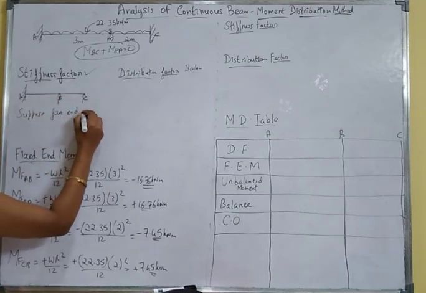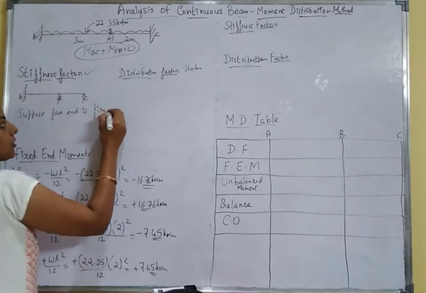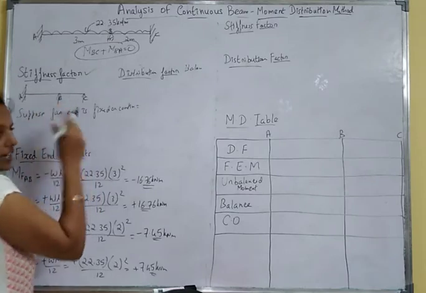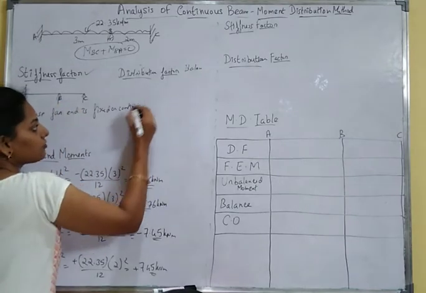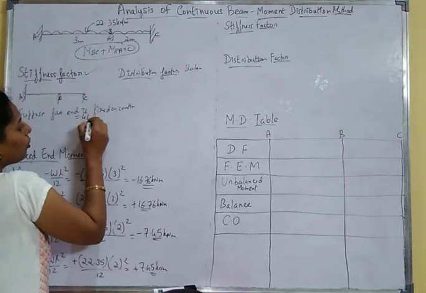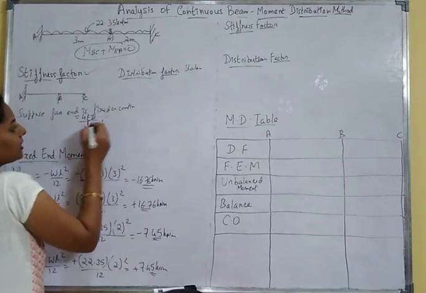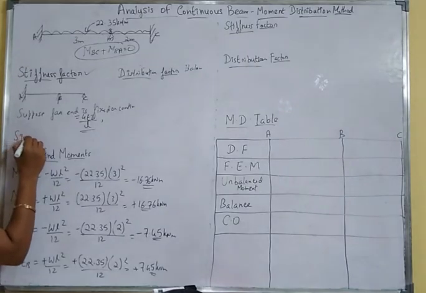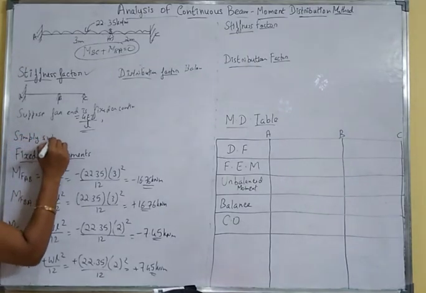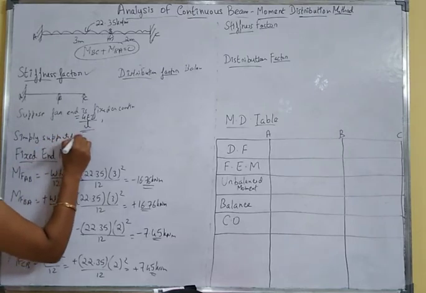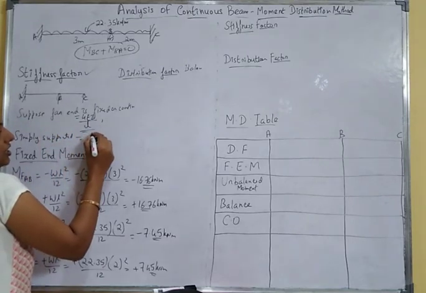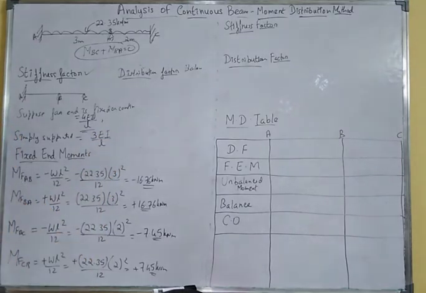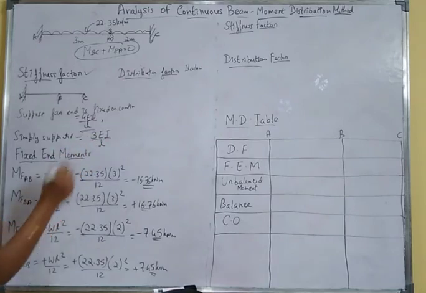If the far end is fixed or continuous, then the stiffness factor is 4EI by L. If it is simply supported or discontinuous, it will be 3EI by L.